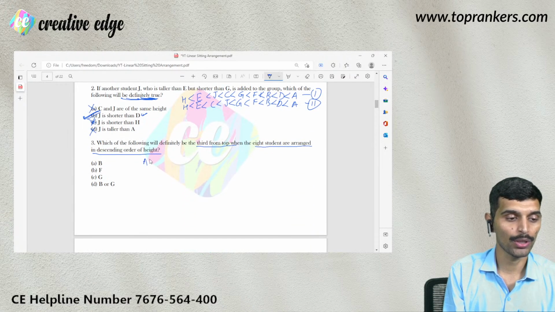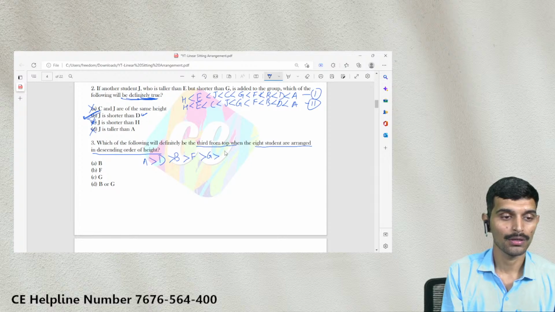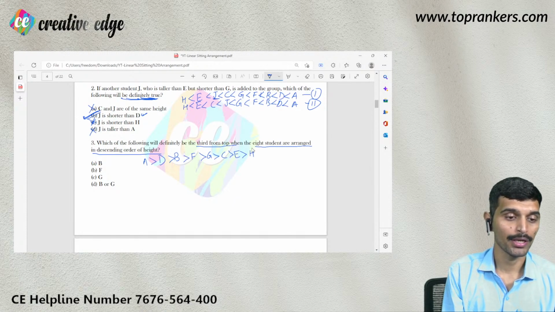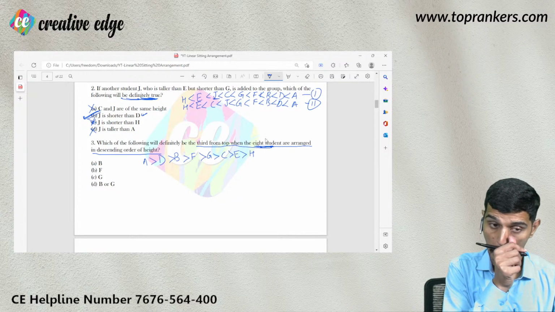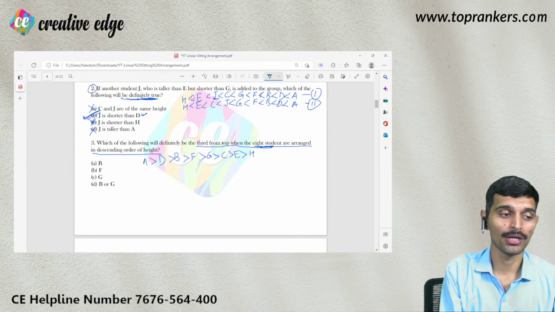So this is how it is going to be arranged: A, D, B, F, G, C, E, and H. I'm not going to consider J because it is saying the 8 students, right? So we are not talking about the ninth student. It was only for question number two, right?